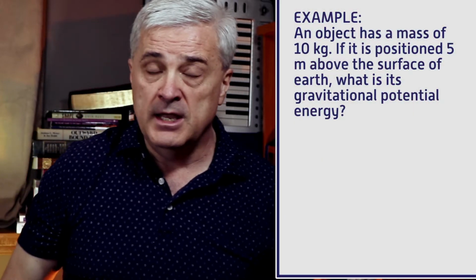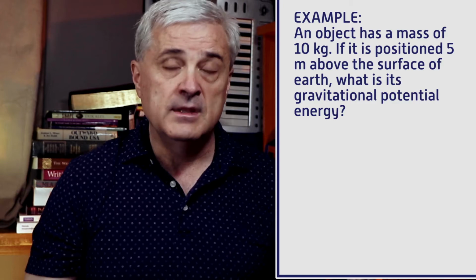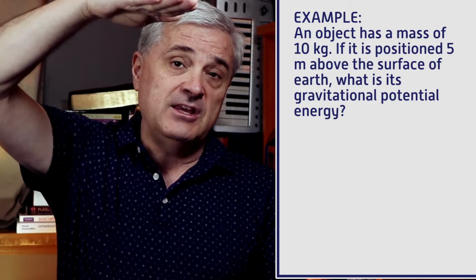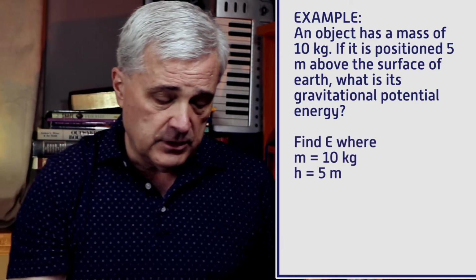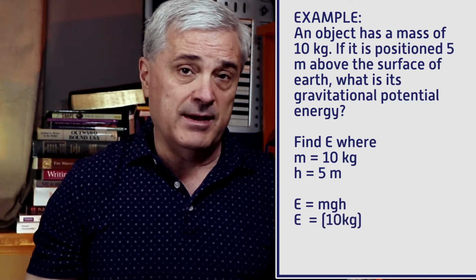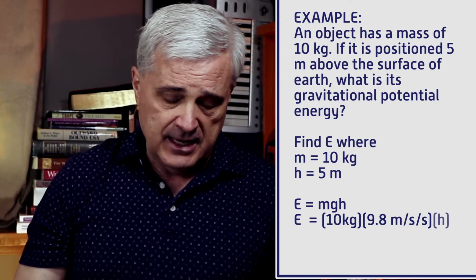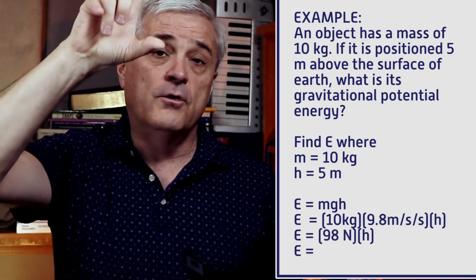Quick example. An object has a mass of 10 kilograms, and it has the ability to travel. So the height the object is above the surface is 5 meters. So first we're going to take the mass of the object, 10, and we're going to multiply that by the acceleration due to gravity. We're going to use 9.8. 10 times 9.8, I can do that in my head. 98 newtons is the force.